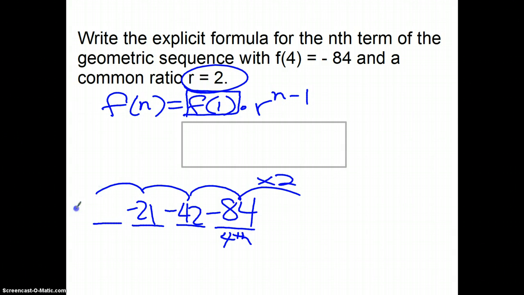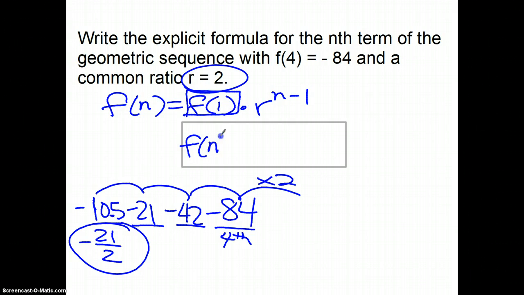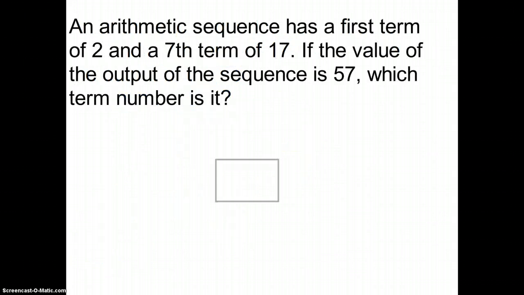And then if we do it one more time, it's negative 10.5, which is the same as negative 21 halves. So if I like the fraction version better, this would be Fn equals negative 21 halves. It's timesing by 2. R is 2. And then n minus 1 for the explicit form.